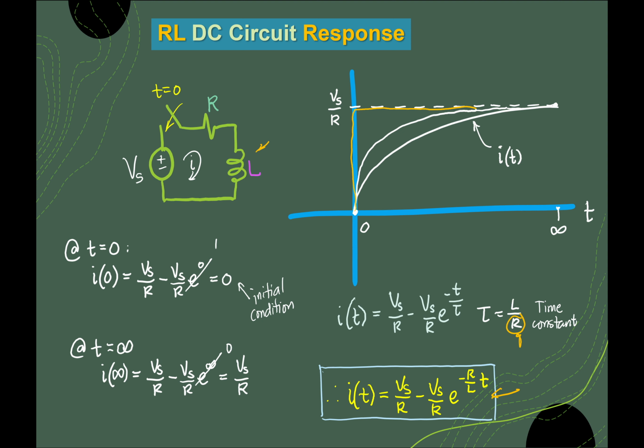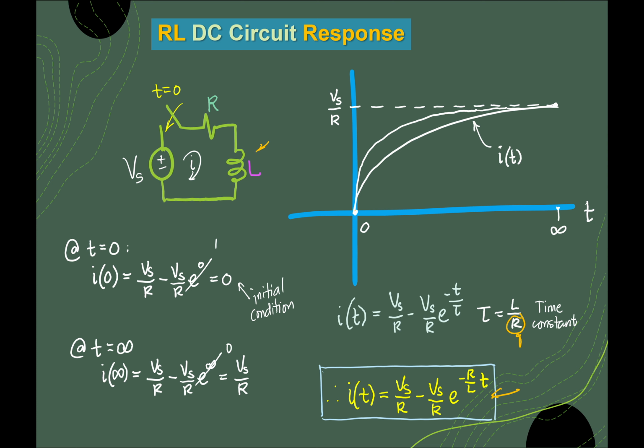Take note also that Vs over R is only achievable at time equal to infinity, and there's no such thing as infinity in reality, but we can have a very huge number, but your current only approaches Vs over R and cannot reach that point.